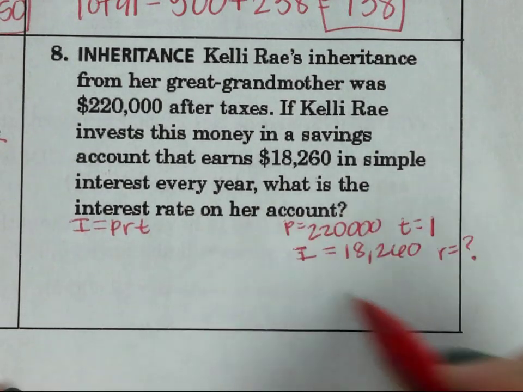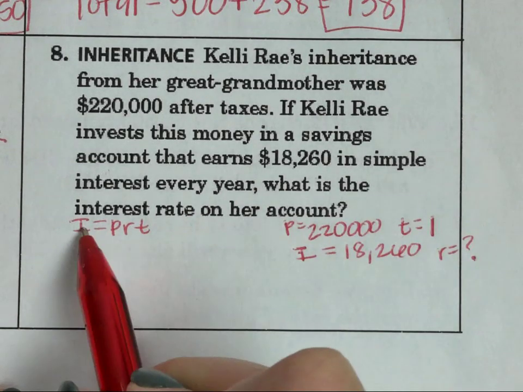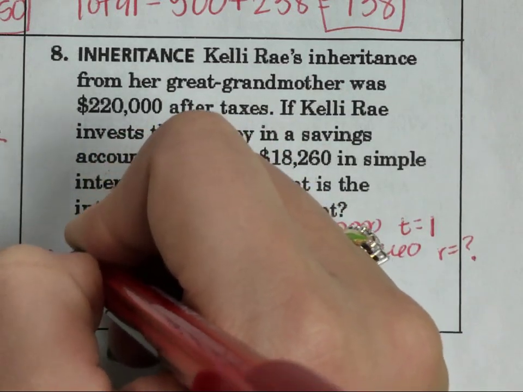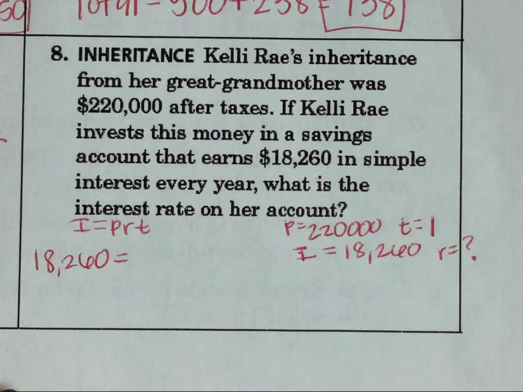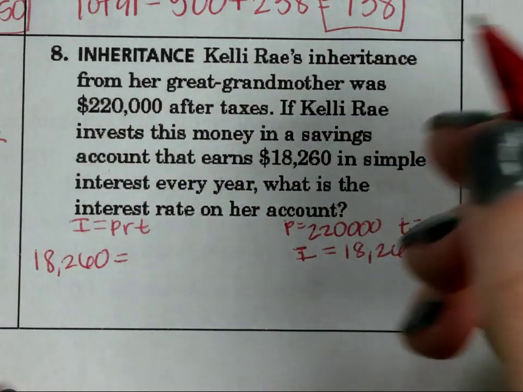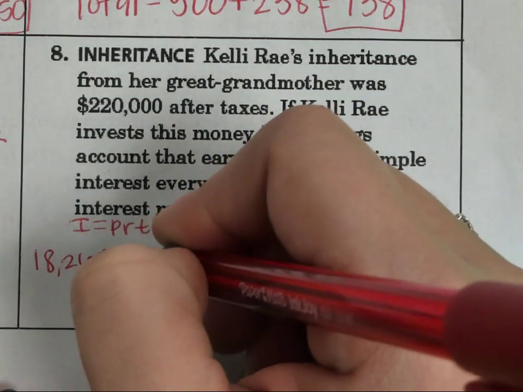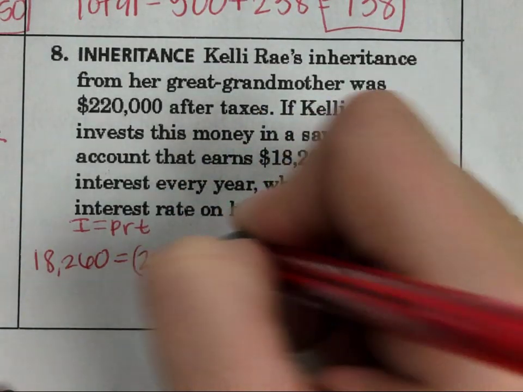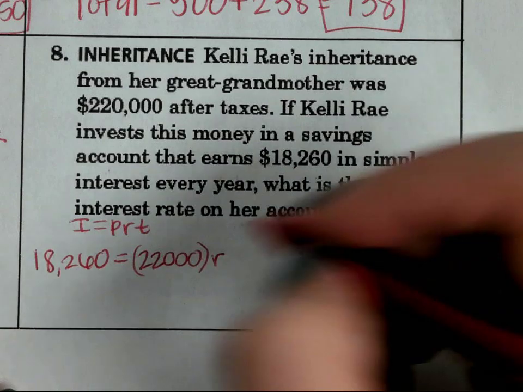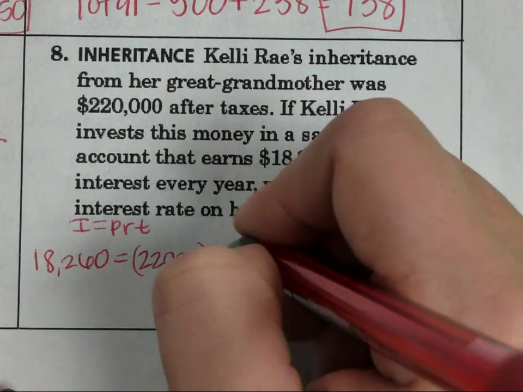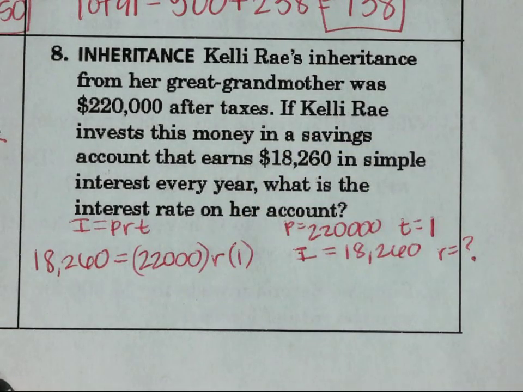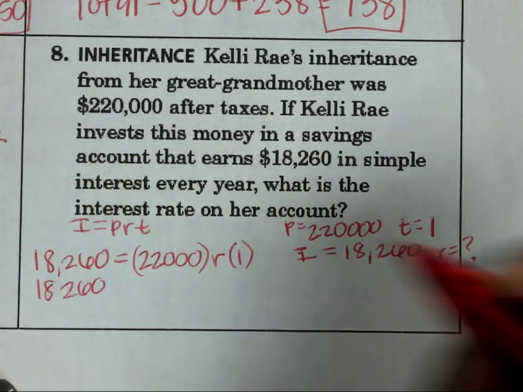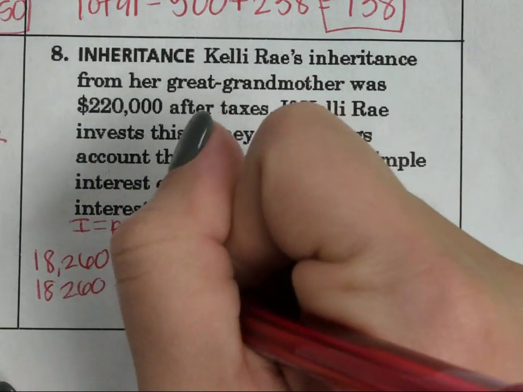So now when I plug all those numbers into my formula, I, we said, was 18,260. P was 220,000. R is what I don't know, so I leave R there. And then I'm looking at 1 year. So 220,000 times 1 is just 220,000, right?